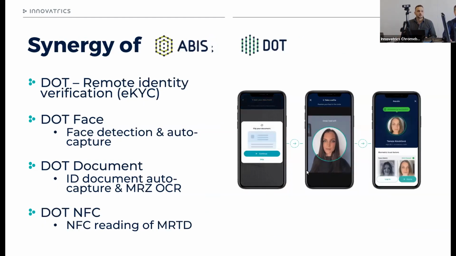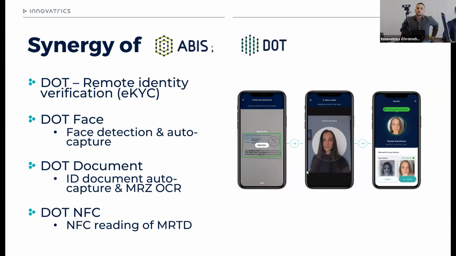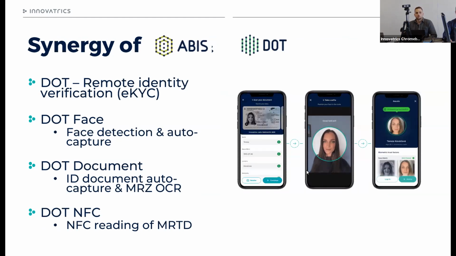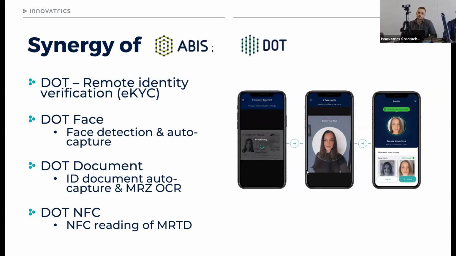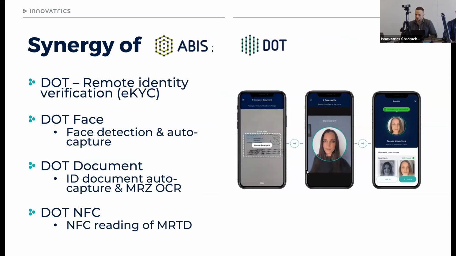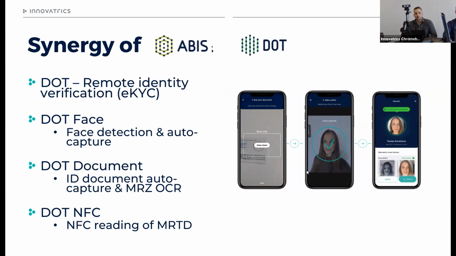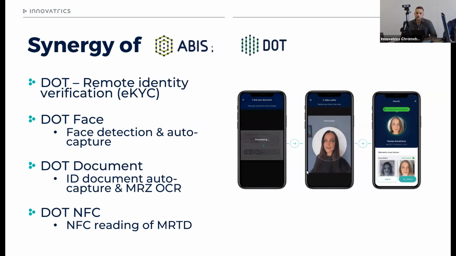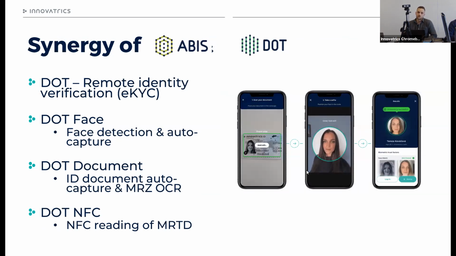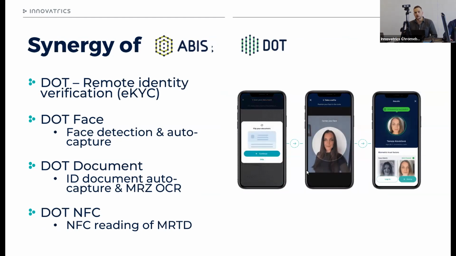Yes, this is important to say. We managed to create a synergy of two products within Innovatrics, and that's ABIS and DOT. What is DOT? Maybe some of you haven't heard of DOT, which stands for Digital Onboarding Toolkit. They take care of remote identity verification, the eKYC use cases, for example, onboarding to a bank as a new client and these kinds of things.